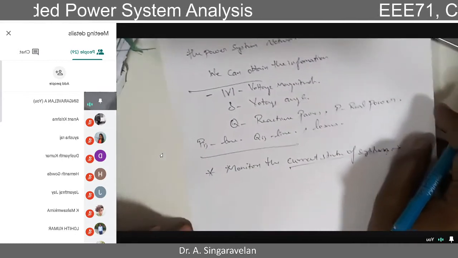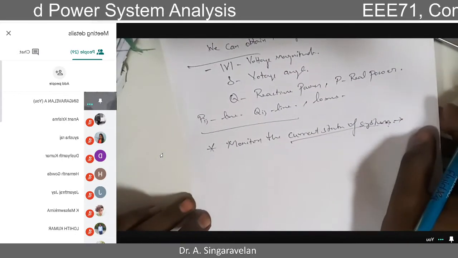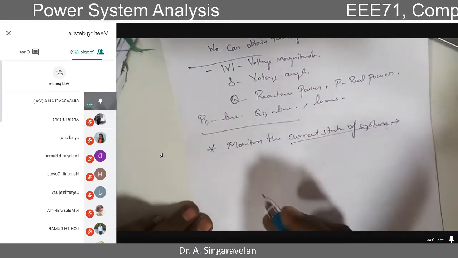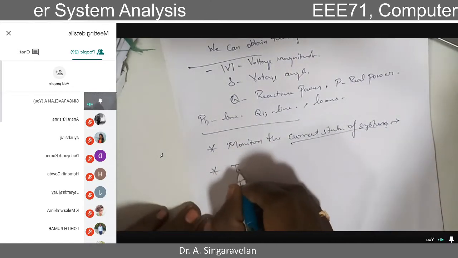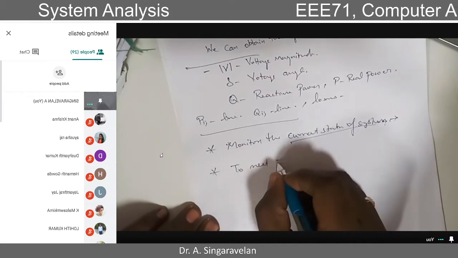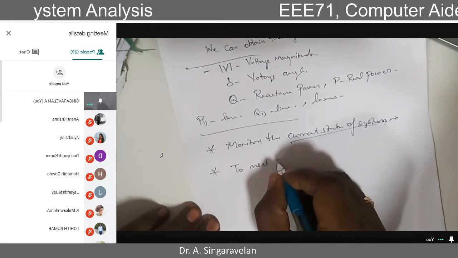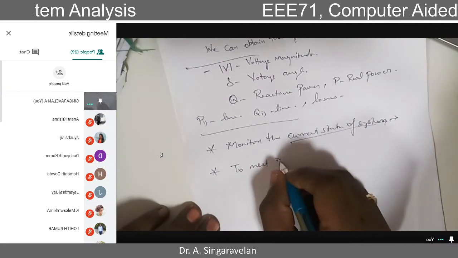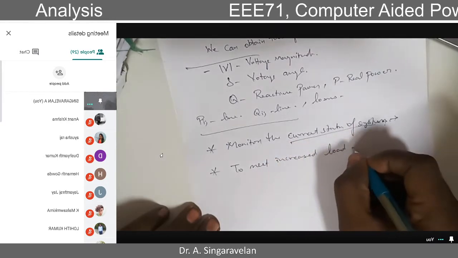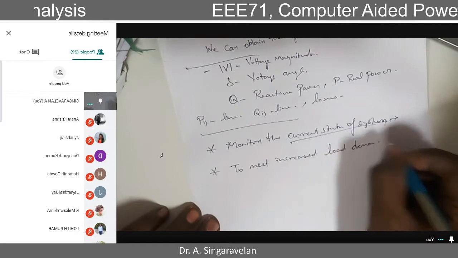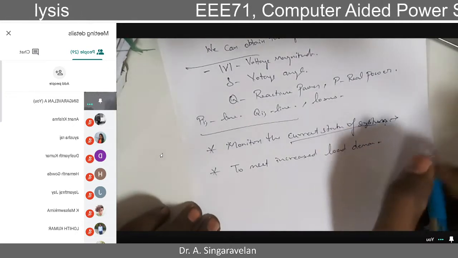Because one of the main important tasks of the electric power system is to meet the load demand. So we are going for this to meet the increased load demand. Why is it increasing?